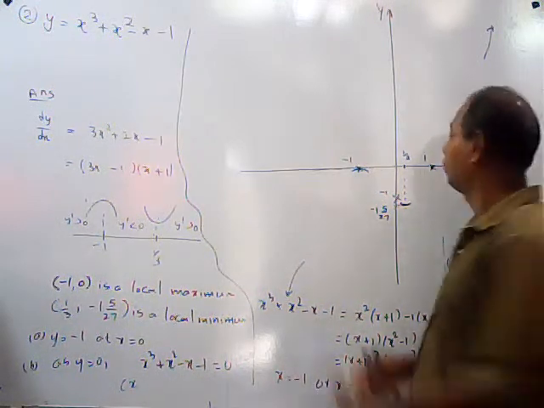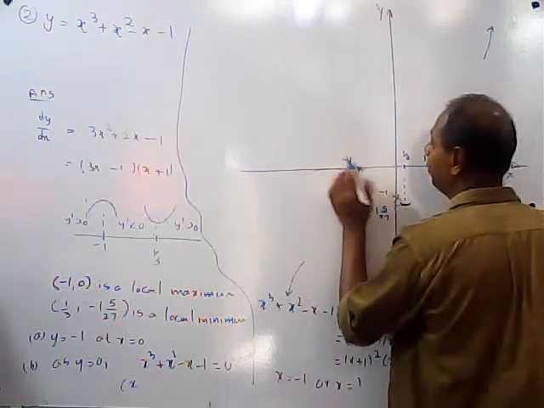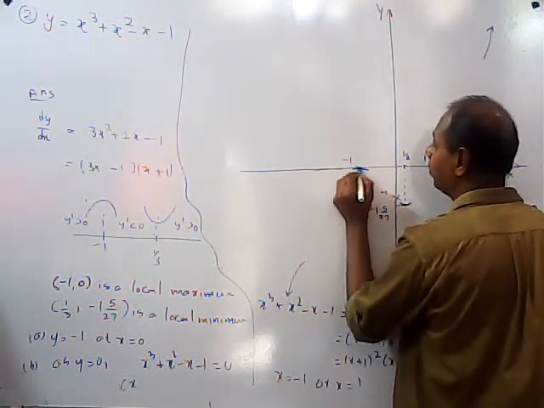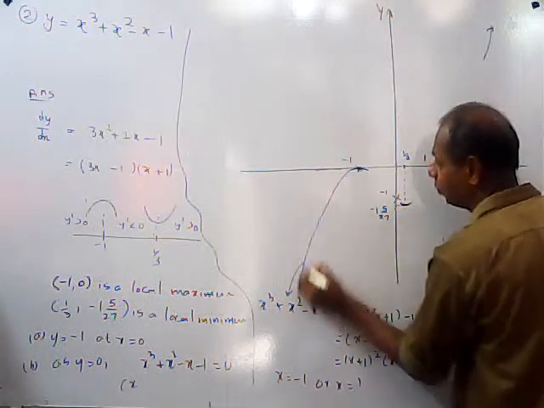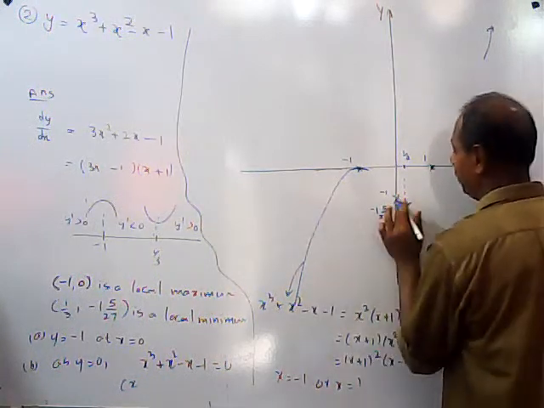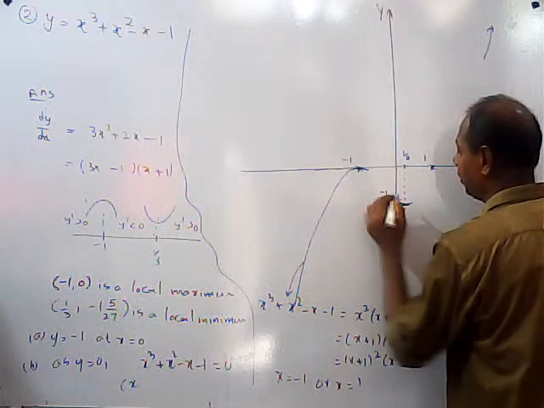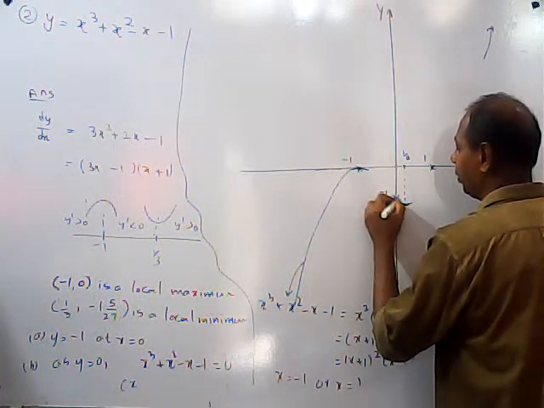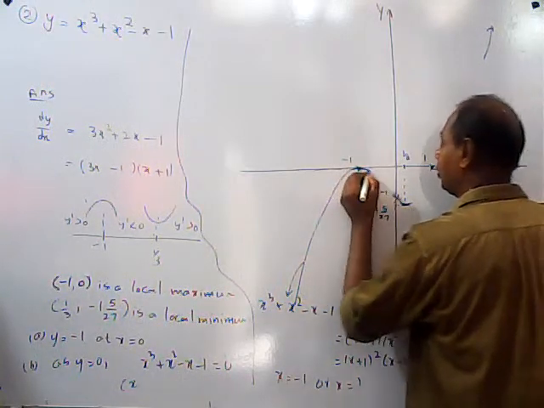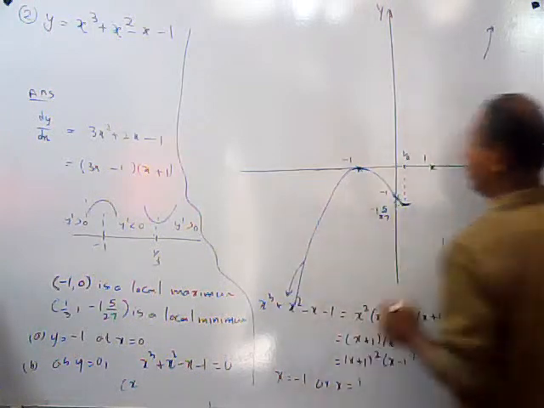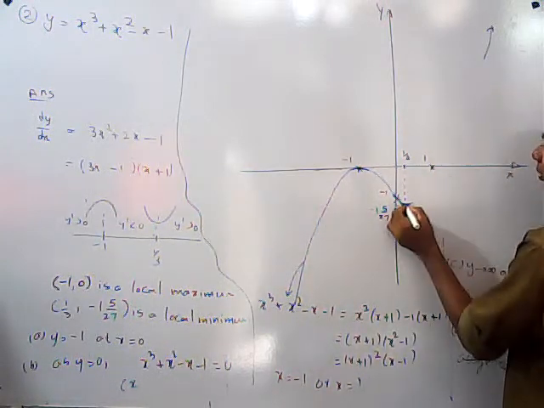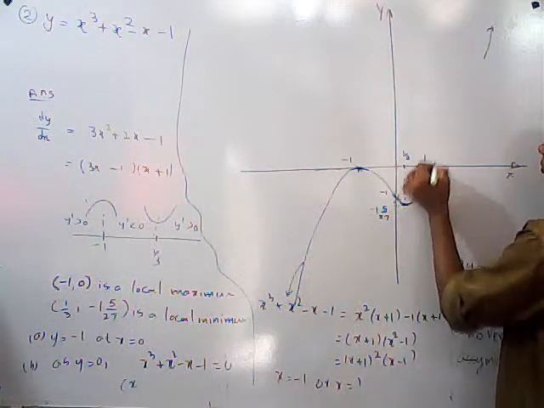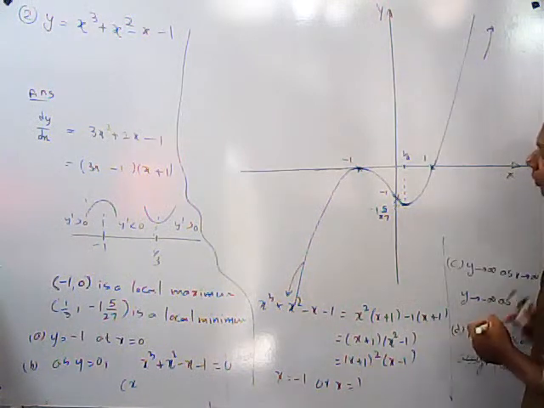So we can complete it now. It turns back and goes to negative infinity. Then here up, then passes this point like that. Then should pass this point as well, and then goes to positive infinity. So that's the graph.